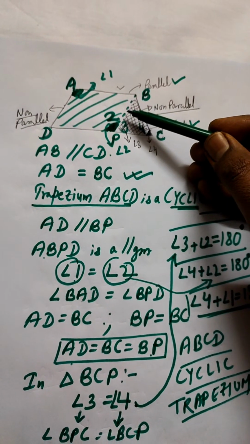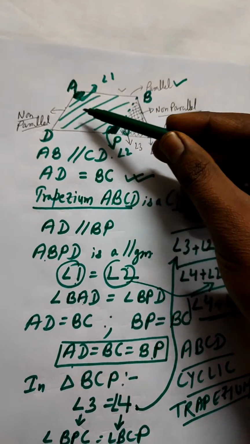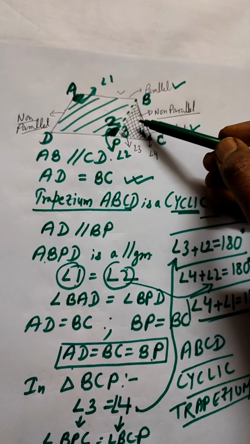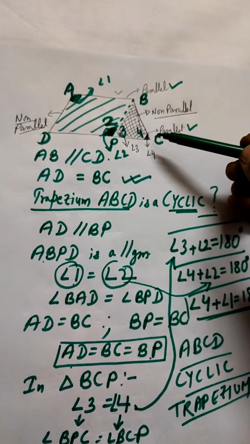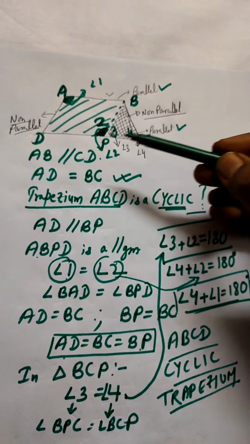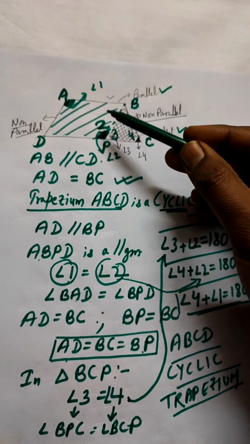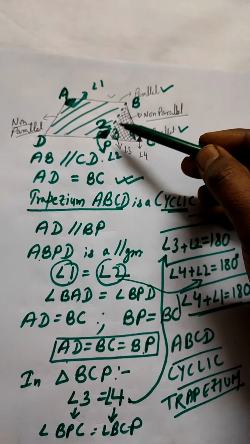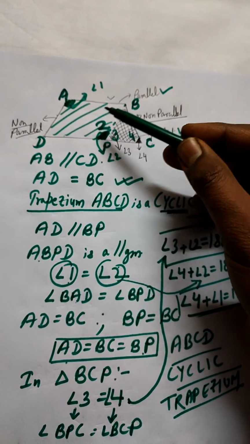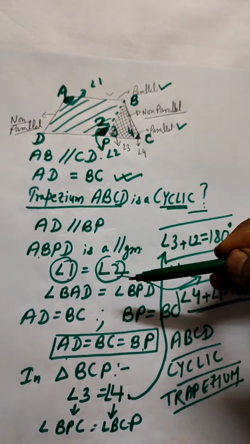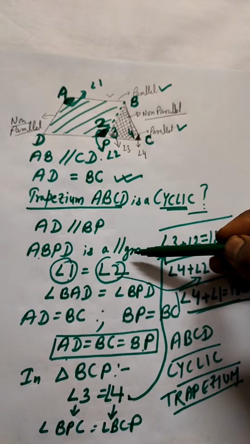This is the given trapezium, and the non-parallel sides are equal. The non-parallel sides are AD and BC, right? Do a simple construction: draw BP parallel to AD. Then we can see ABPD is a parallelogram.